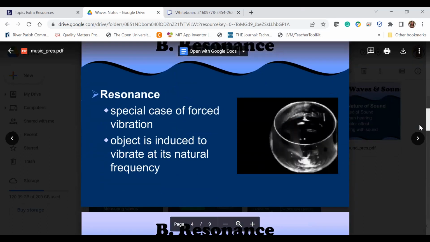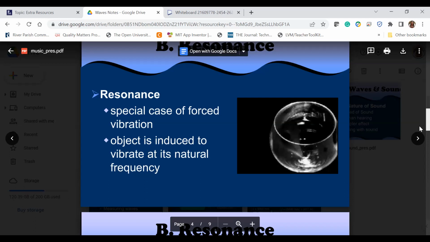When you force an object to vibrate at its natural frequency, you can actually damage it. For example, if the opera singer sings the right note and causes the glass molecules to vibrate at their natural frequency, the glass will actually shatter. So that's an example of resonance.